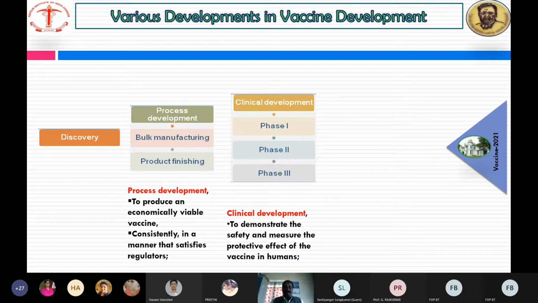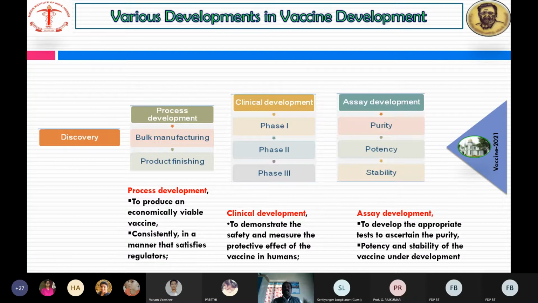That is the demonstration, and it must also be safe. Safety means it should not cause any adverse reaction like allergies, seizures or death. This kind of thing should not happen during clinical development. That is phase 1, phase 2, phase 3.